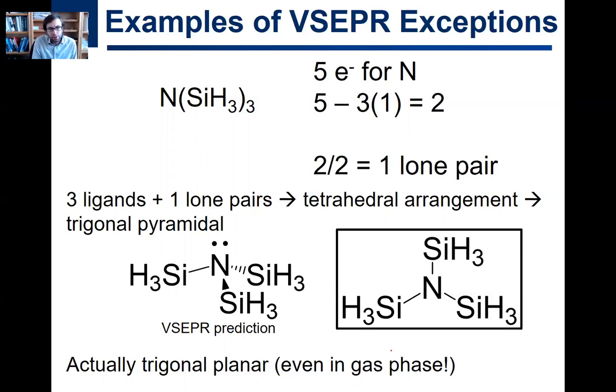another kind of empirical theory based on sterics that you can use to explain some of these exceptions that seem to be sterically dominated. I mean, one thing you can notice here is that these ligands are very big. Silicon's pretty big, and then they have 4 atoms total, right?